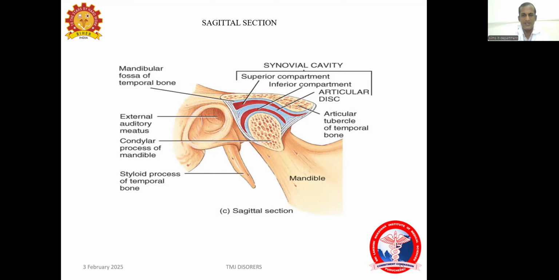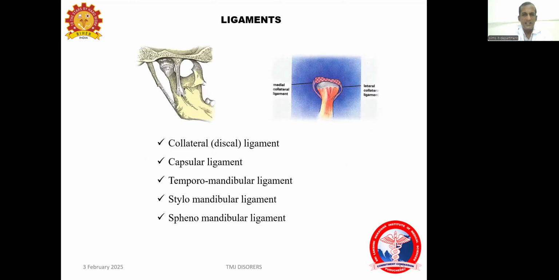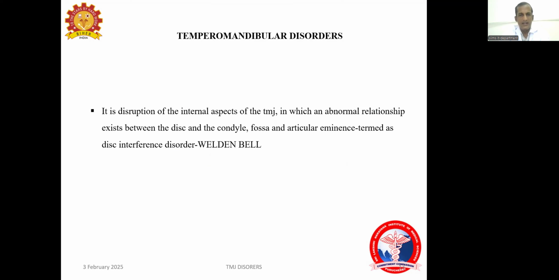This is the sagittal section of your temporomandibular joint. These are the ligaments we discussed: the medial collateral ligament and the lateral collateral ligament. And coming to the temporomandibular disorders, they are termed TMDs.